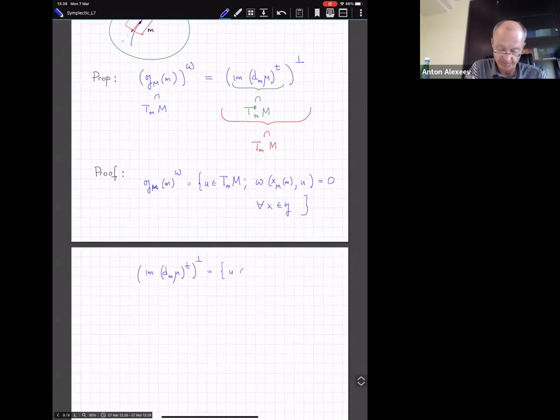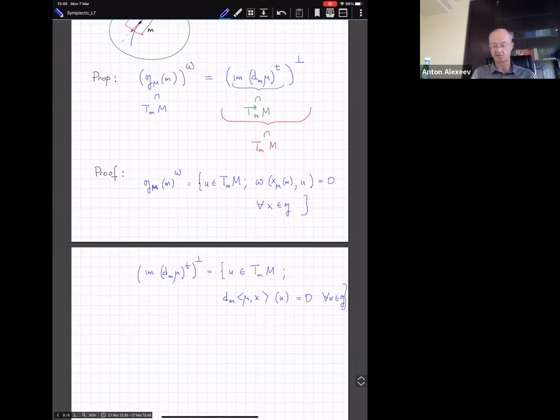So these are tangent vectors u such that d_m mu x, so this is the image of whatever comes from the moment map, evaluated at the vector u is 0 for all x in g, right?